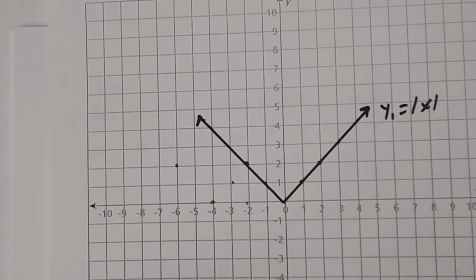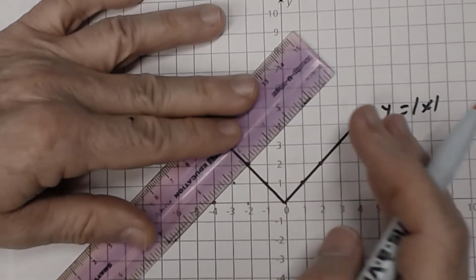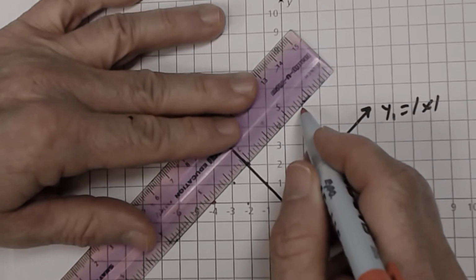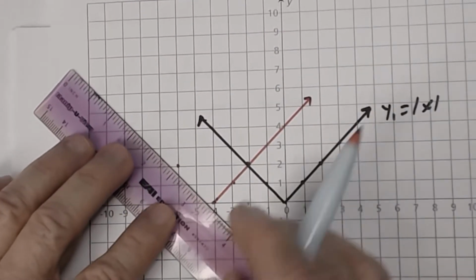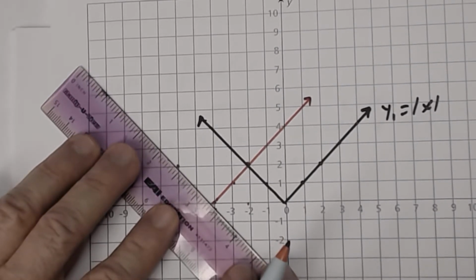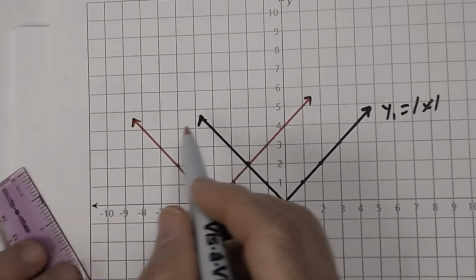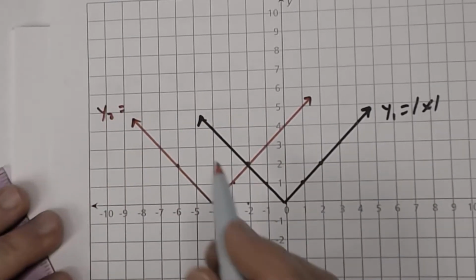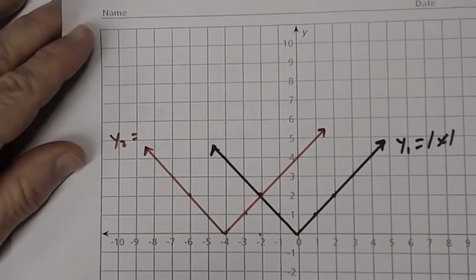All right, so we just needed 2 points on either side, 2 points on the ray. So I get something that looks like this. All right, and then make sure you indicate what that equation is. So that's y2 equals the absolute value of x plus 4.